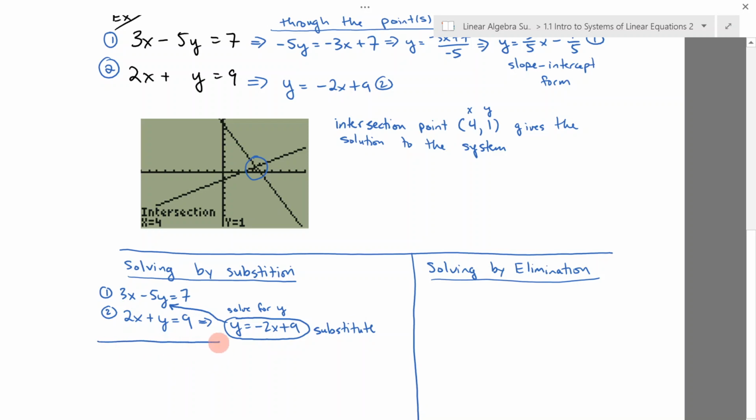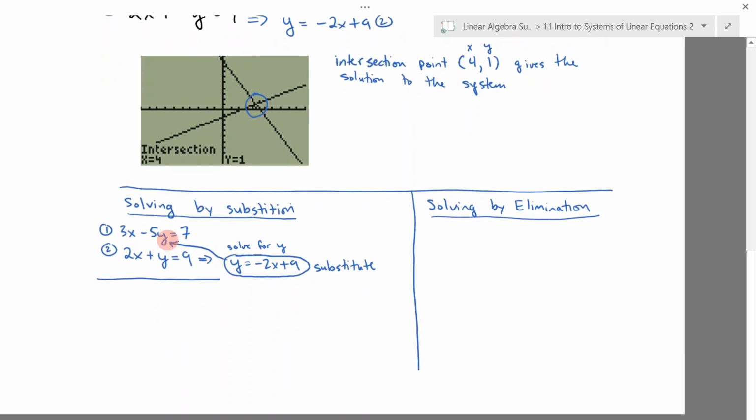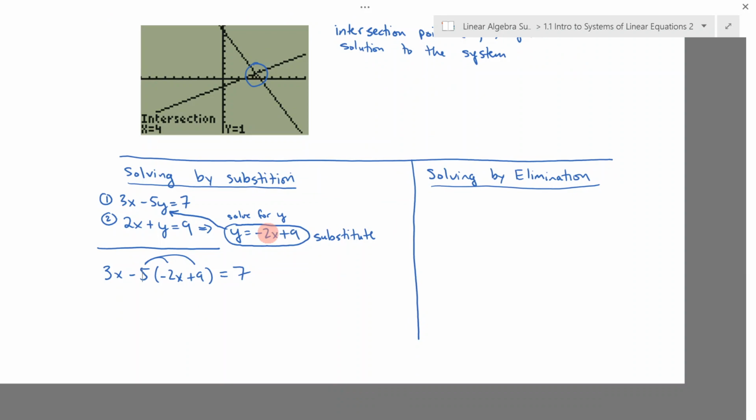So what do we get after substituting? This goes in for the y, right? So everything else stays the same. So we have 3x minus 5 stays the same, and then now this y becomes minus 2x plus 9, and then equals 7. After substituting, there's only one variable x, and I can just solve this as a single variable equation.